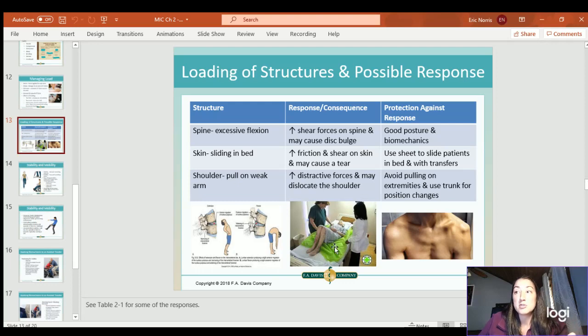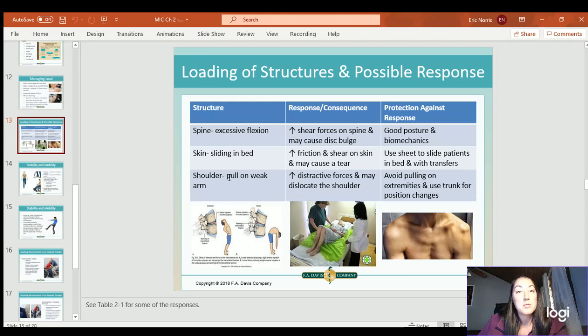So in this picture, you see the green sheet. The healthcare workers on each side of it are holding the sheet, and they bend their legs and move the whole sheet with the patient on it, so that the only thing that is shearing and having friction against each other are the two sheets, not the patient's skin against the sheet. And the last example I'm going to go over is the shoulder.